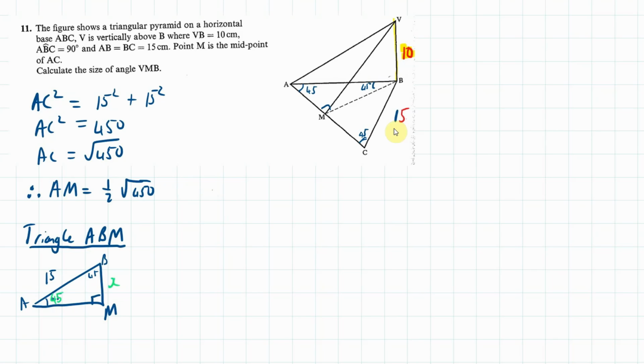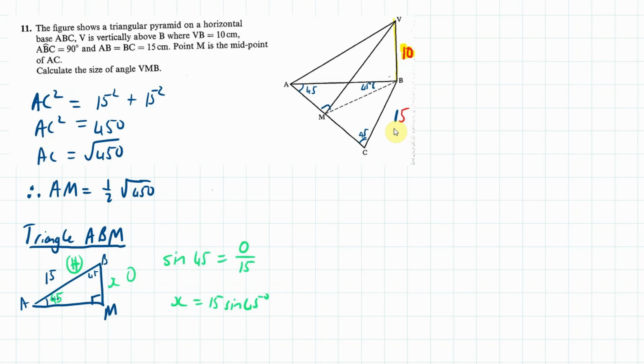Well, you should be able to think quite carefully about this. Okay, so we've got a hypotenuse, and we've got an opposite, and we've got 45 degrees. So that's an H. This is therefore sine. So we go sine 45 is equal to opposite over 15, and we want to find the opposite, so x is equal to 15 sine 45.